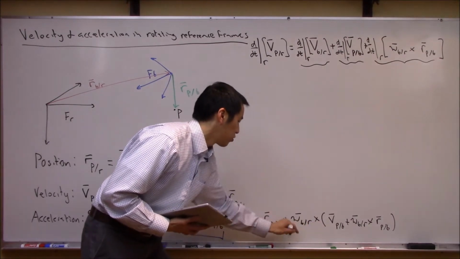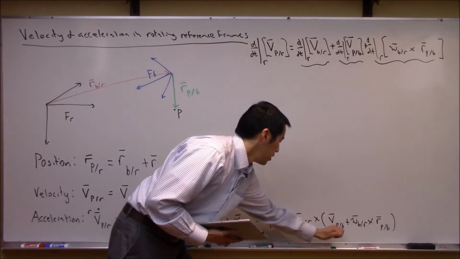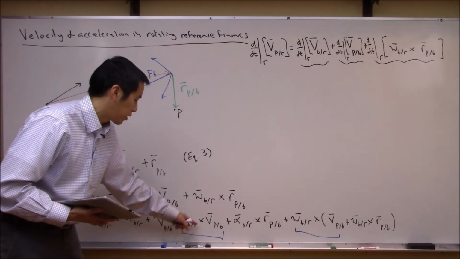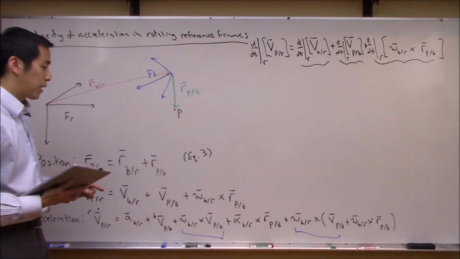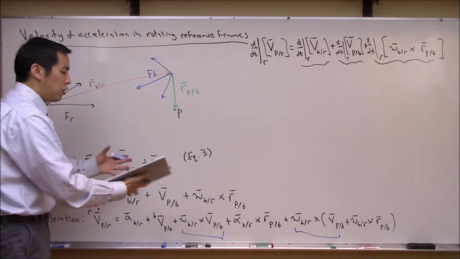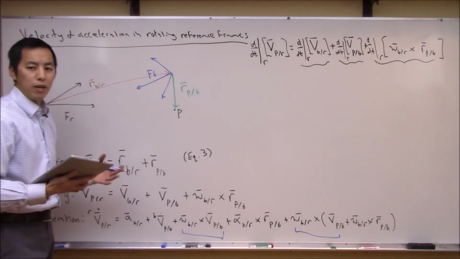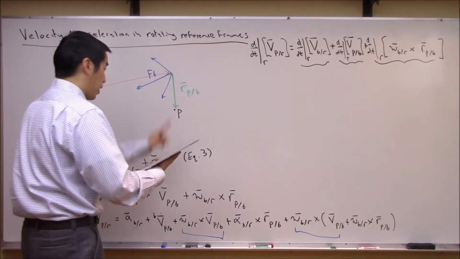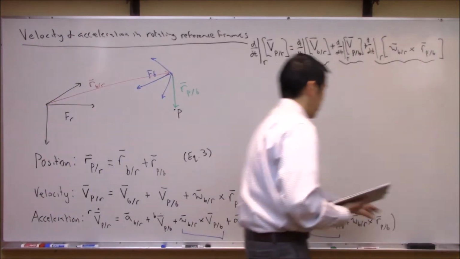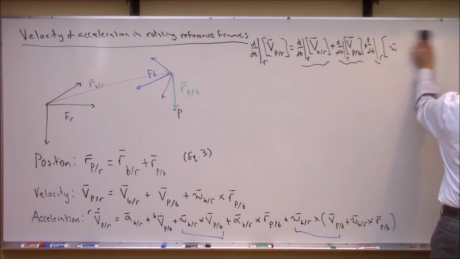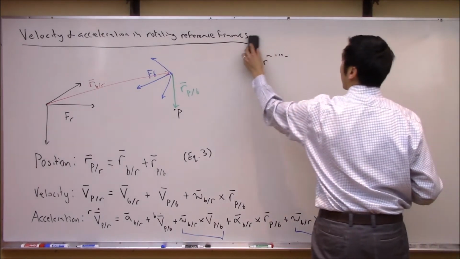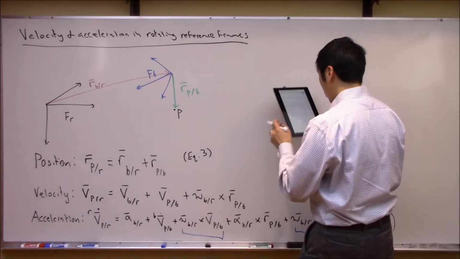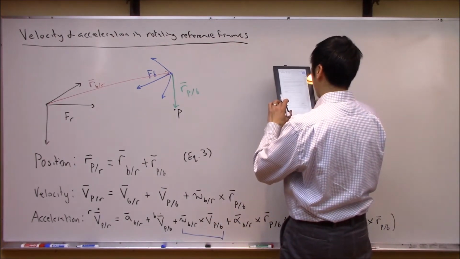So there should be something like 2 times omega B with respect to R crossed V_P with respect to B. If you do a little bit of algebraic manipulation, you can rewrite this entire thing. Let's write it up here, because this is the end product of where we're trying to get to.